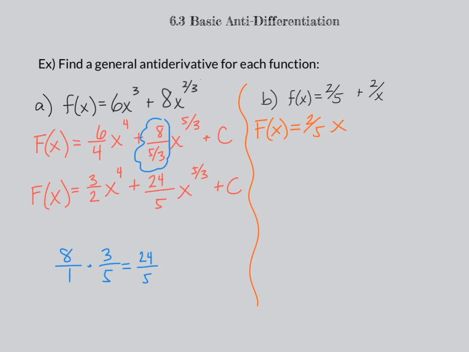Okay, next, we can take a look at this next function, and I'm going to rewrite it in a slightly different way off to the side. So I'm just going to look at this, and you could rewrite this as 2 times 1 over x, right? It's 2 1 over x's, it's 2 over x. We know that the general antiderivative for 1 over x, or x to the negative first, is the natural log of the absolute value of x.